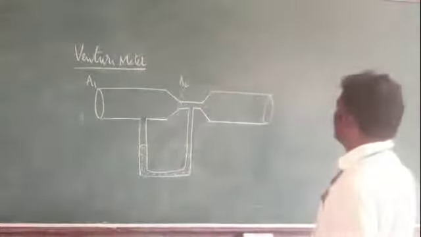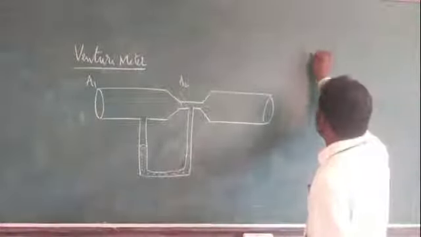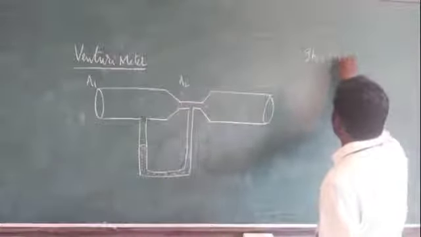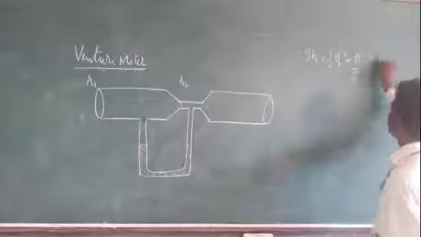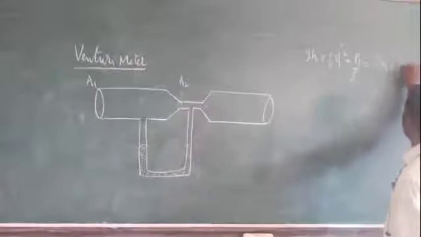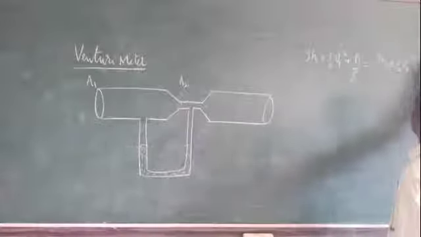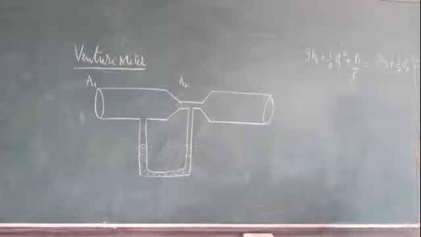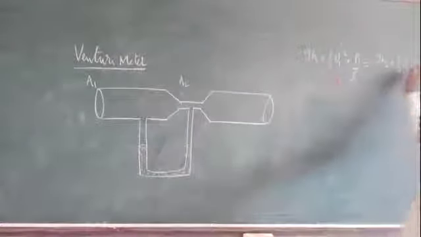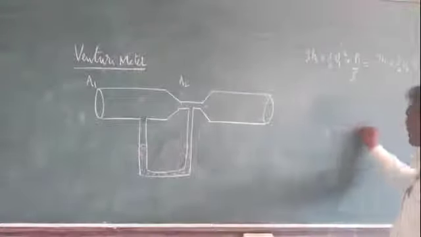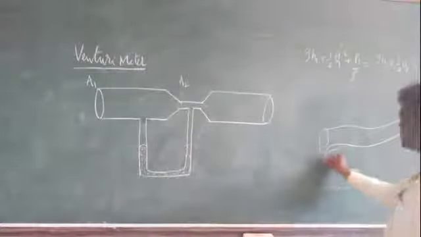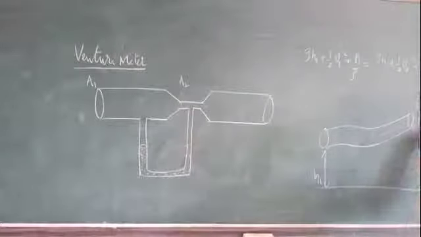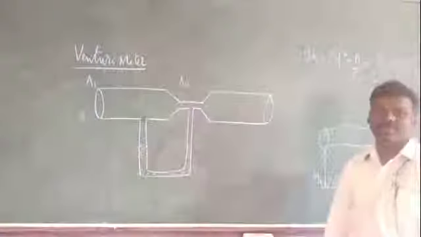The Venturi meter works on Bernoulli's principle. Bernoulli's principle is gh1 plus half v1 squared plus P1 by rho, equal to gh2 plus half v2 squared plus P2 by rho. It is applicable for different cross sections of the tube at different heights, where this height is h1 and this height is h2.